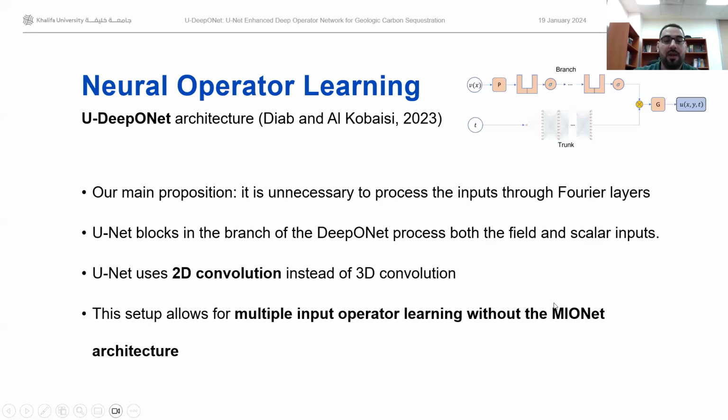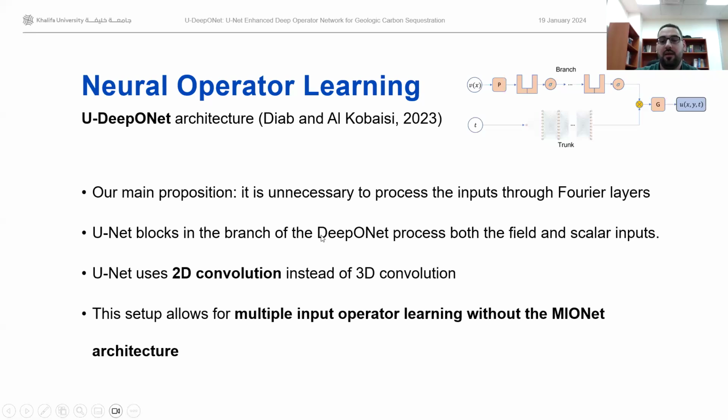So our main proposition here is that it's unnecessary to process the inputs through Fourier layers. We will show that by only using the UNets, without the Fourier layers and their associated weight matrices, we can achieve similar or even better results. We use the UNet blocks in the branch of the DeepONet to process both field and scalar inputs, so no need to separate them.